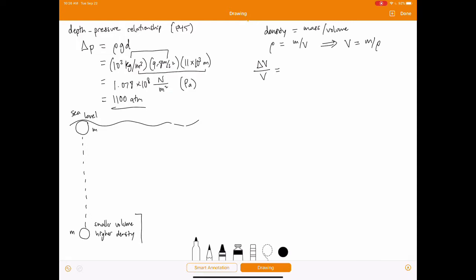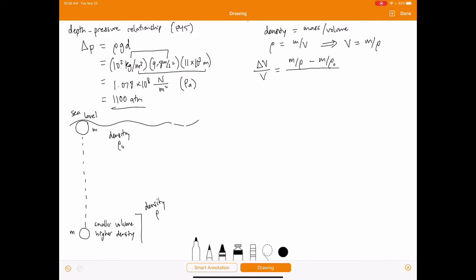So that's delta V on top. We can express that as M over rho, minus M over rho naught. So here, let's call the density at sea level rho naught, and the density down here, rho.